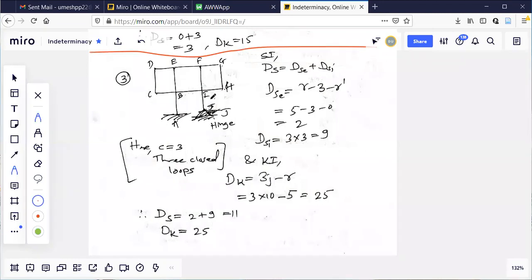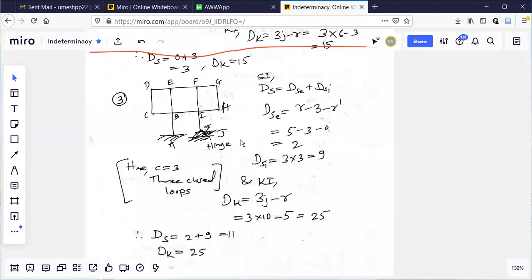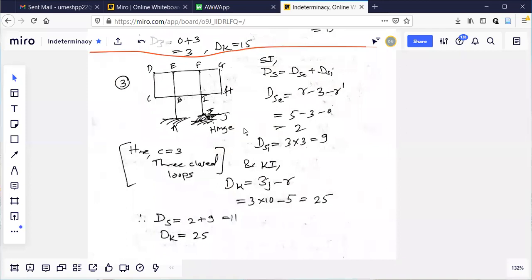The third problem I have taken purposely. Problem number 3. Can you see this diagram?